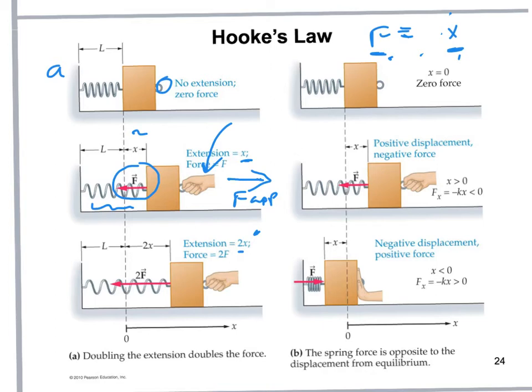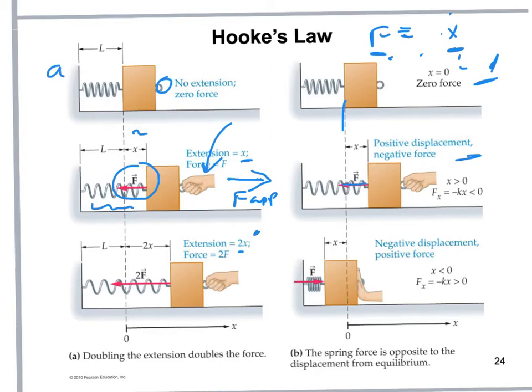Similarly, when you come over to this picture, column B, once again we start out with no force, and x is right at the 0 position marker. Now when you give it a positive displacement, you end up with a force pulling it back.